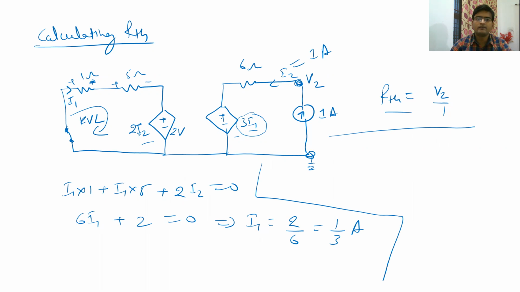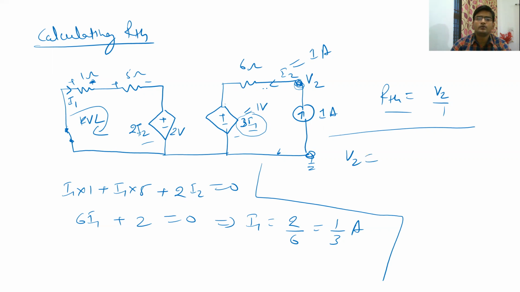Can you get the value of this voltage? This will become 3 into 1 by 3, which is 1 volt. Now to get the value of V2, let us apply a KVL only between these two terminals. Can you tell me the value of V2 just by seeing this circuit?